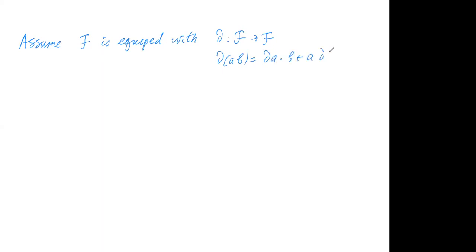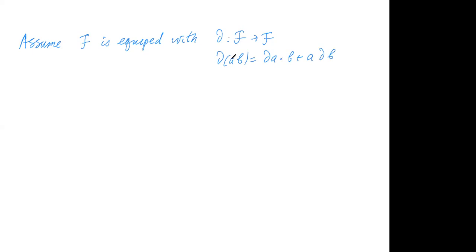Namely, assume that our F is equipped with a derivation d, partial d from F into F, which verifies the Leibniz rule, the usual Leibniz rule, but is not commutative. That is to say, d of ab is equal to da times b plus a db.